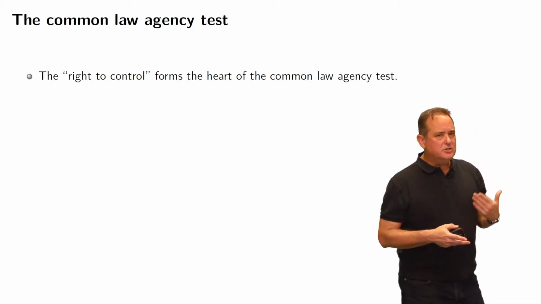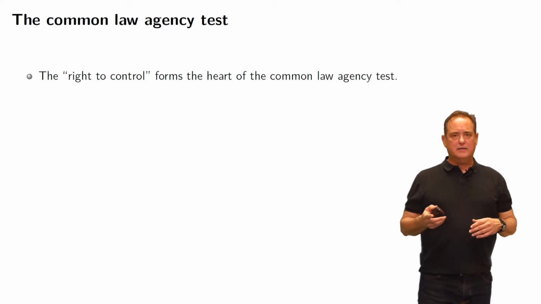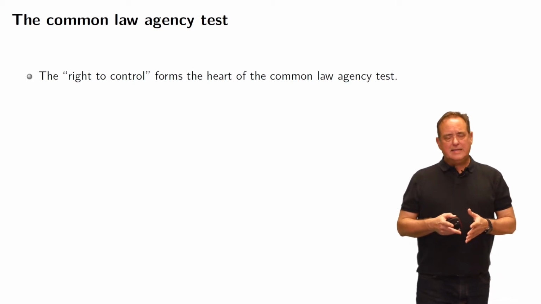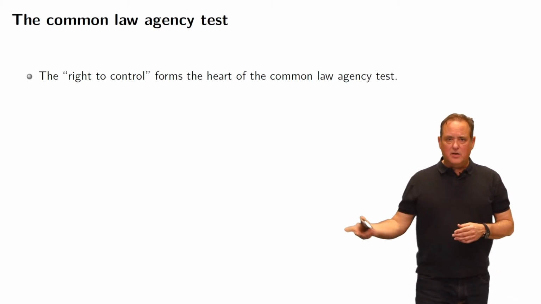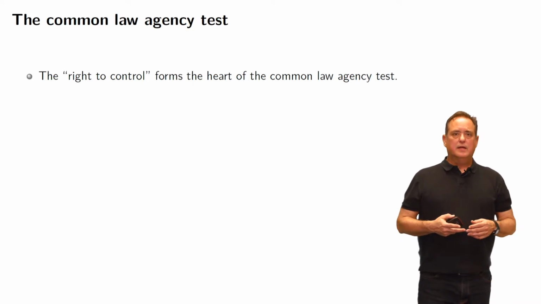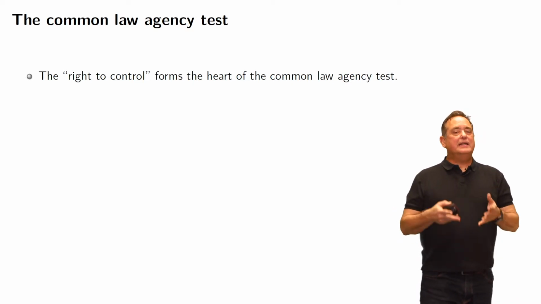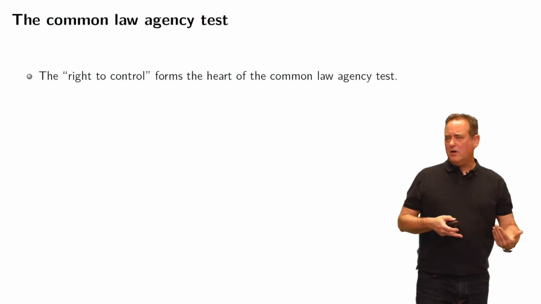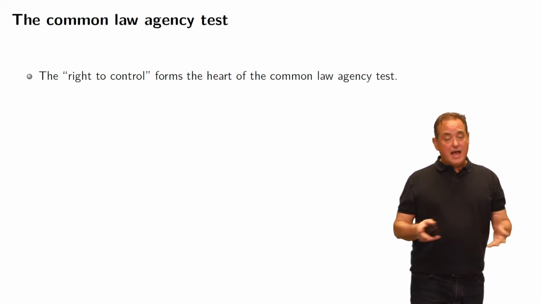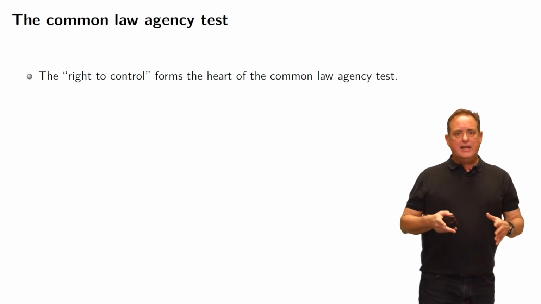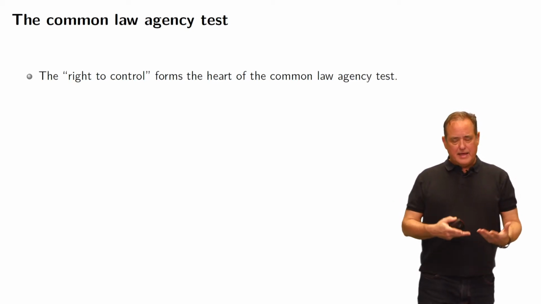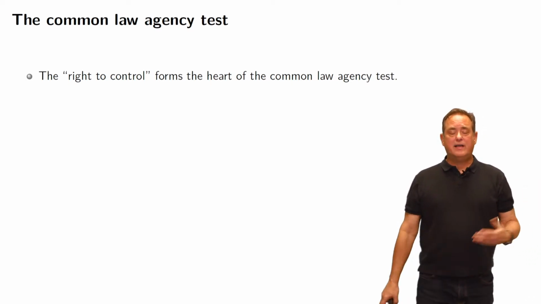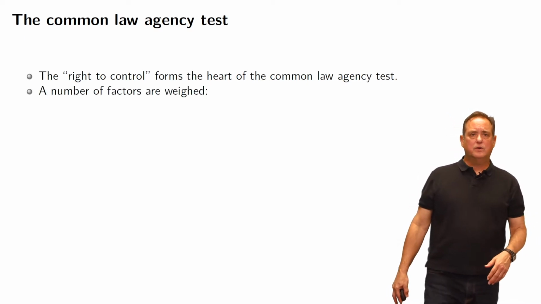And so the common law agency test was developed out of the idea of how do we determine whether a worker is acting in the interest of its employer, or whether the worker is acting in her own interest. And so the common law agency test, although it's used now in a number of different contexts, it actually had its origin in the idea of how do we determine vicarious liability, respondeat superior.